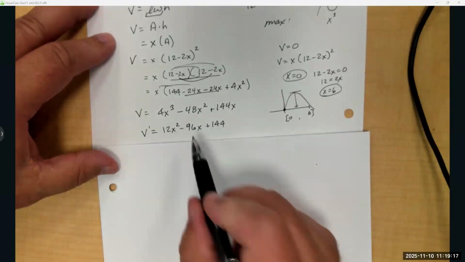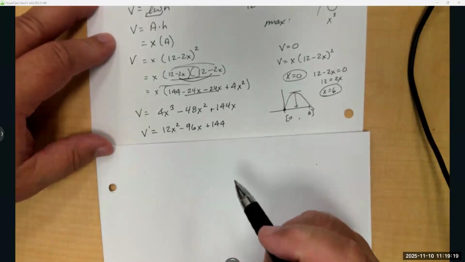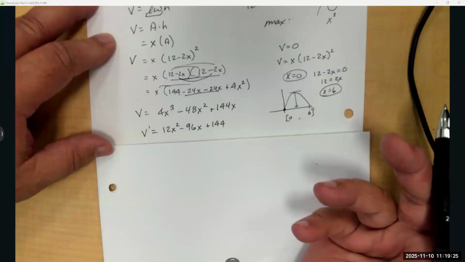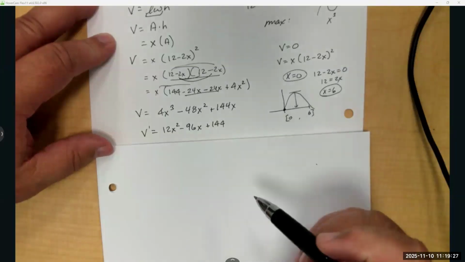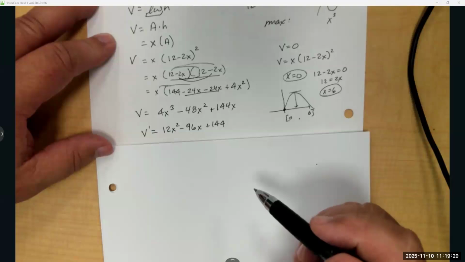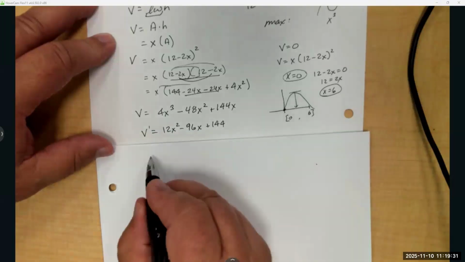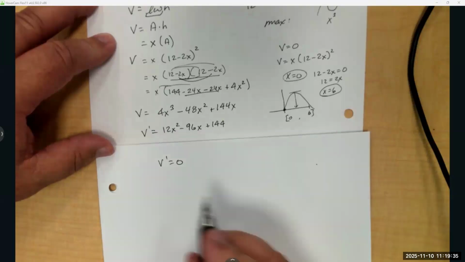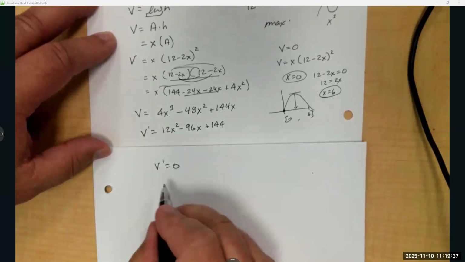Because the first derivative is a what? First derivative is a slope. How do we know we have the vertex? Slope is equal to 0. So we set the first derivative equal to 0 and solve from there.